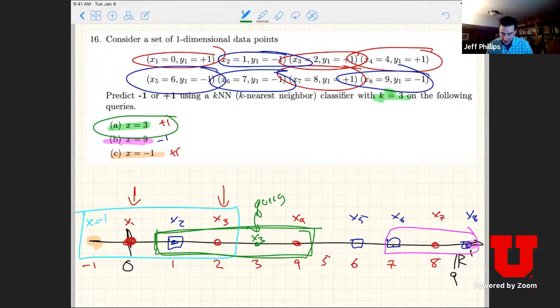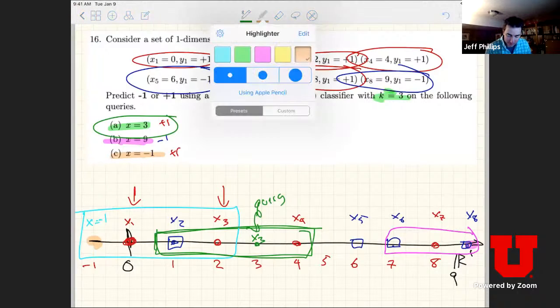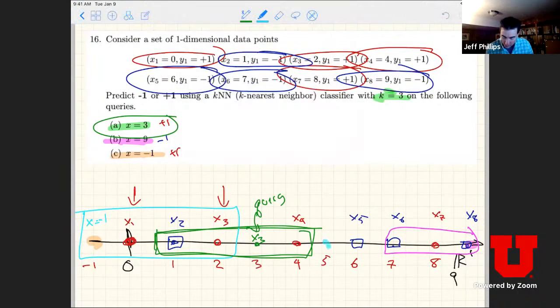If x equals 5, for instance, so the query is here, this is okay because the 3 closest points are x5, x6, and x4, because there wasn't anything at x3. That was a test point, not a training point. But this could definitely happen.